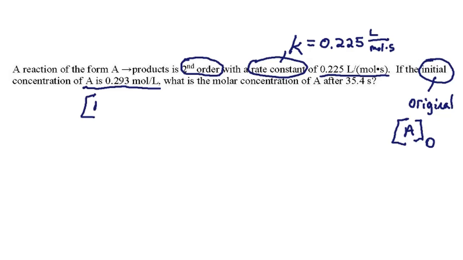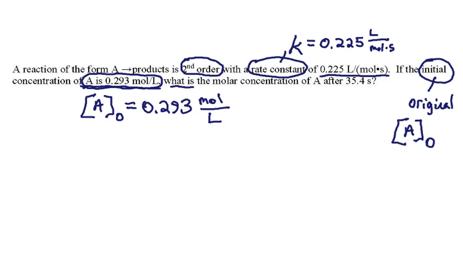So the original or initial concentration of A is 0.293 moles per liter. And we got that from this information right here. Now the question is asking, what is the molar concentration of A after 35.4 seconds? So 35.4 seconds would be the time, t for time.